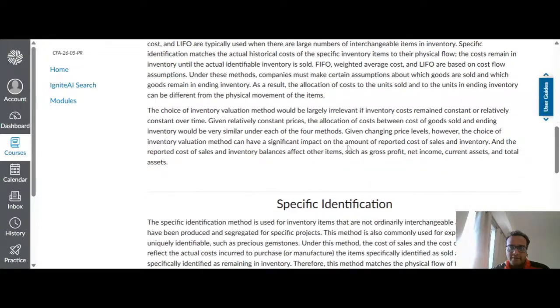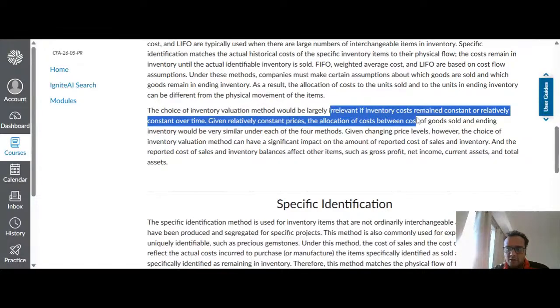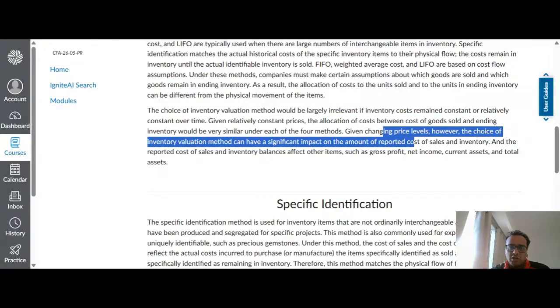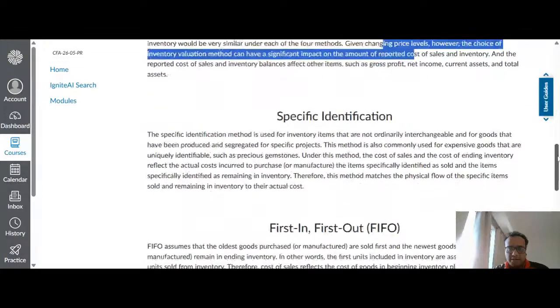The choice of inventory valuation method would be largely irrelevant if inventory costs remain constant or relatively constant over time. Given relatively constant prices, the allocation of the cost between cost of goods sold and ending value will be similar under each of the four methods. If there are changing price levels, the choice of inventory method has a significant impact on the amount of reported COGS and inventory.